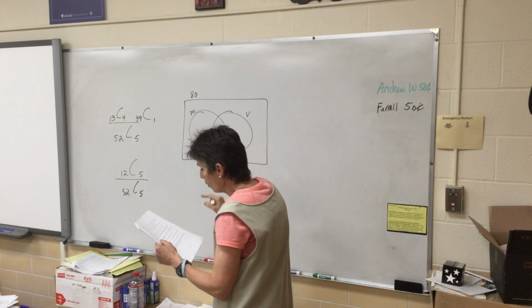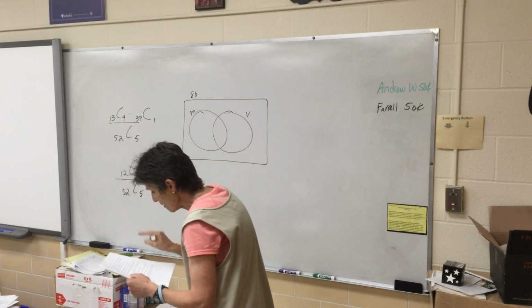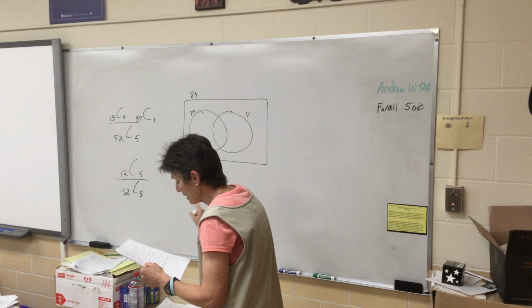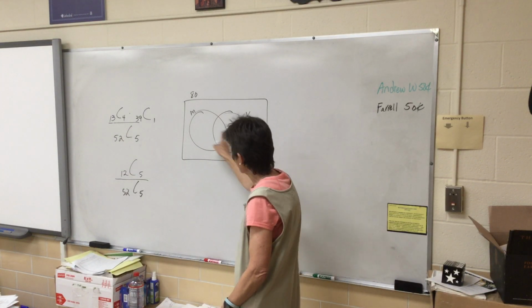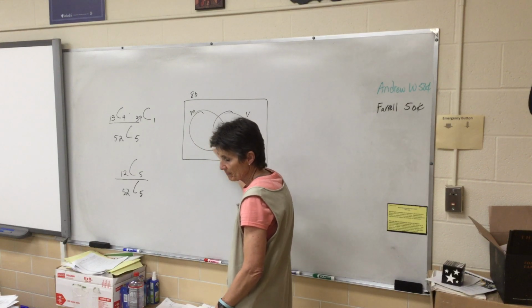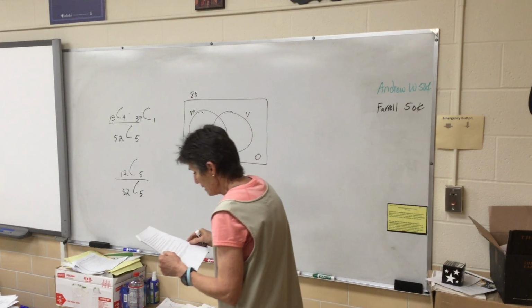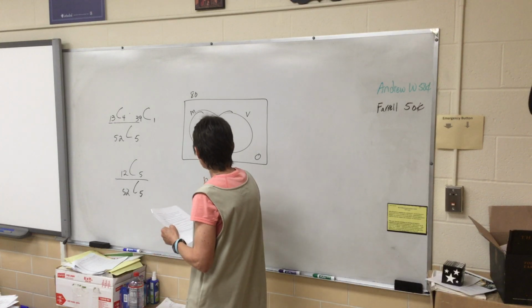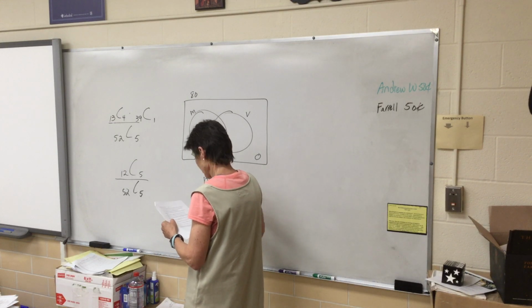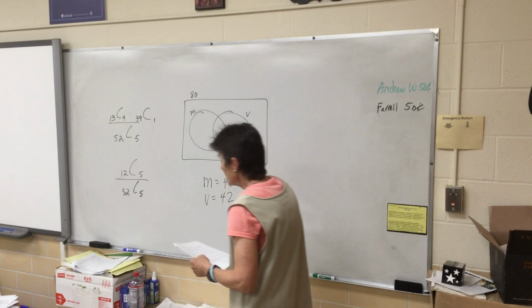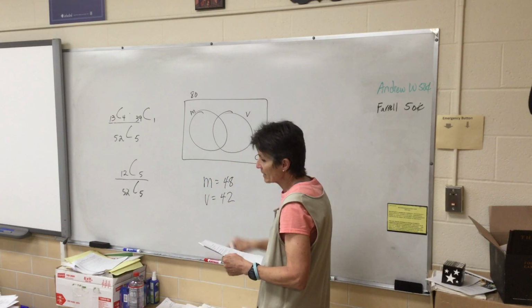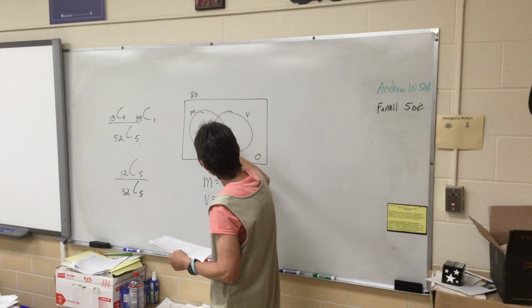Now, that's important. When they say everybody likes one or the other or both, that means there's no people out here. That means all 80 are in these circles. If 48 of them love matrices and 42 of them love vectors, do not put those numbers in the diagram. Those are the whole circles.